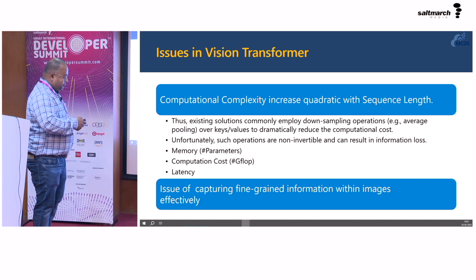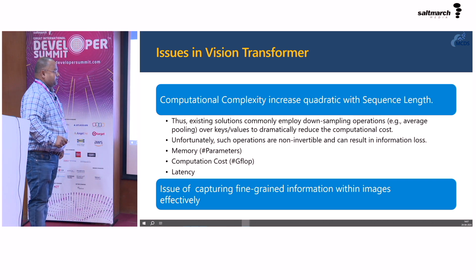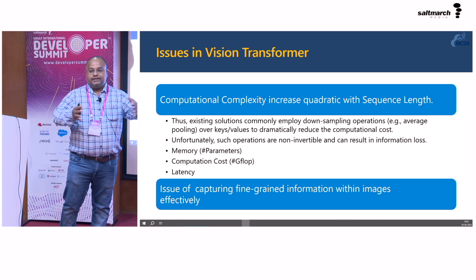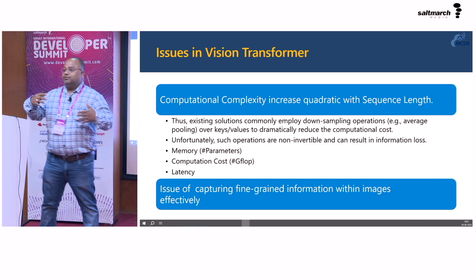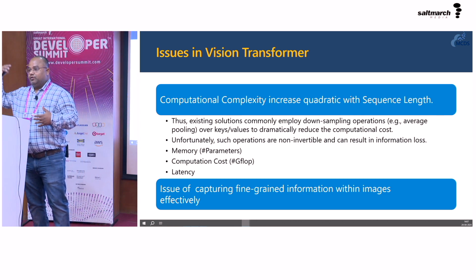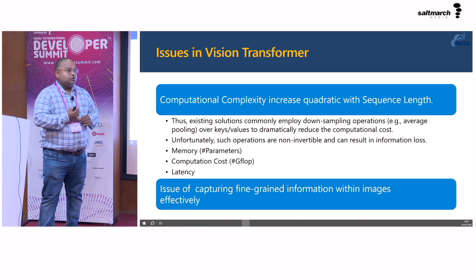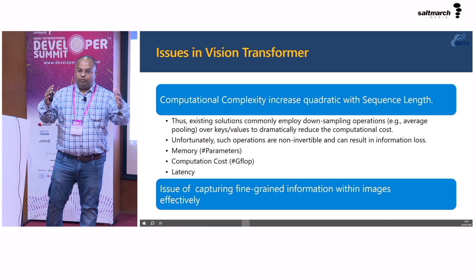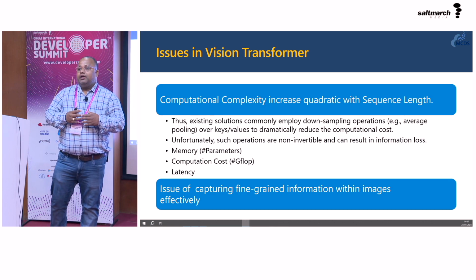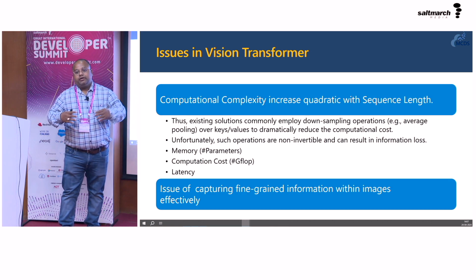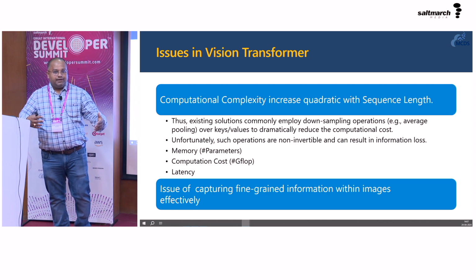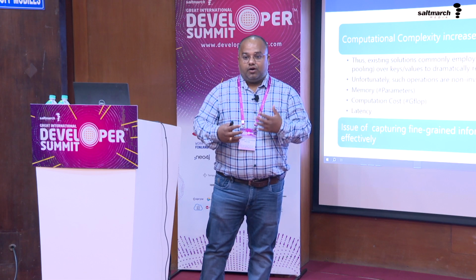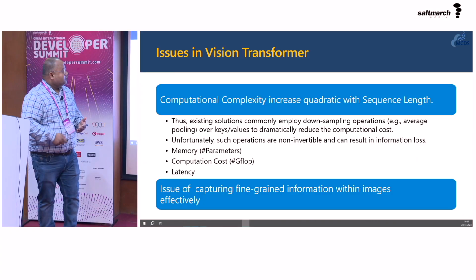The main problem of the transformer is the computational complexity. It increases quadratically with sequence length. As I discussed, if my sequence length increases, my computational complexity increases. It is okay when I have a 512 or 1K sequence length. But LLMs are now used for document summarization, so the computational cost goes high.